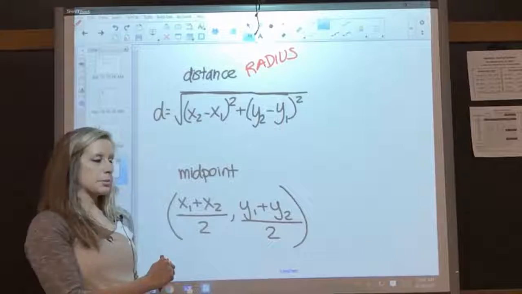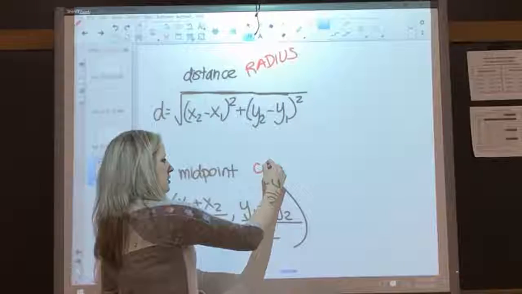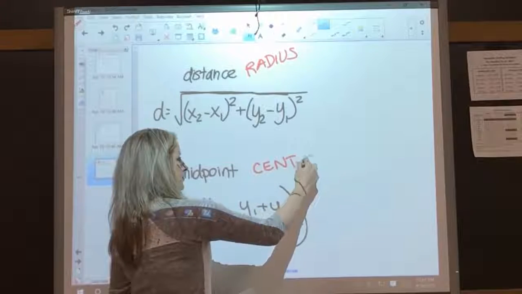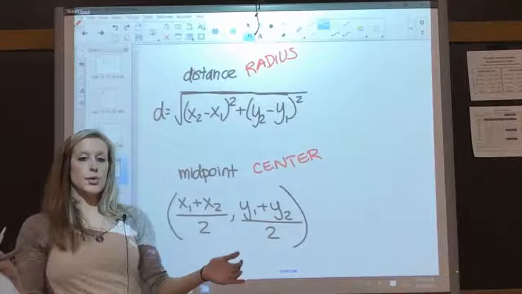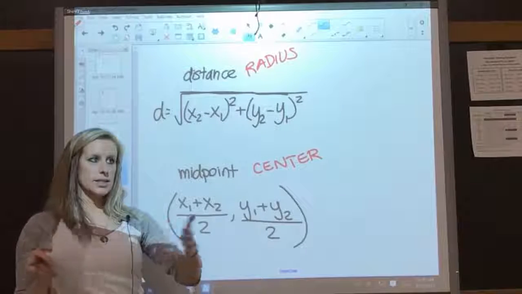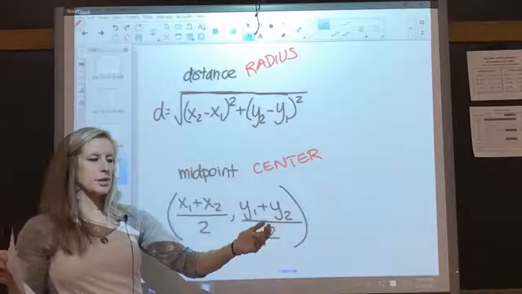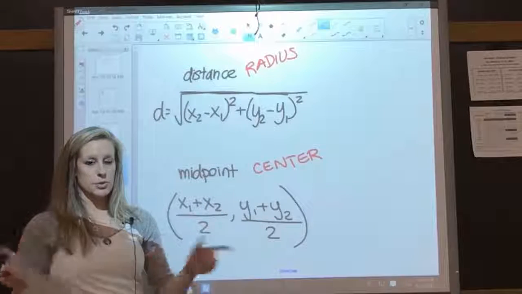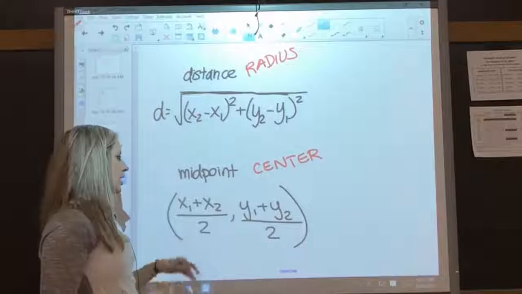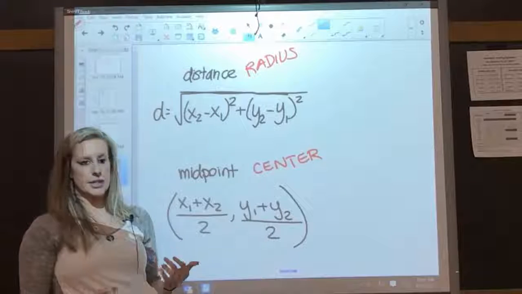This midpoint formula, for a circle, we're going to use it to find the center. So if they give us 2 endpoints, that's going to tell us what our diameter is, pretty much. So to find your center, you want to find the middle between those 2 endpoints. So the midpoint formula will give you your center.